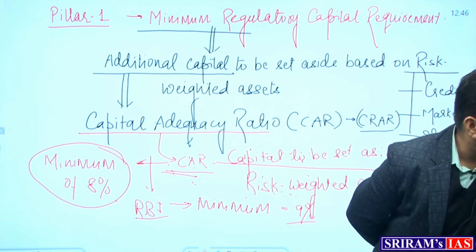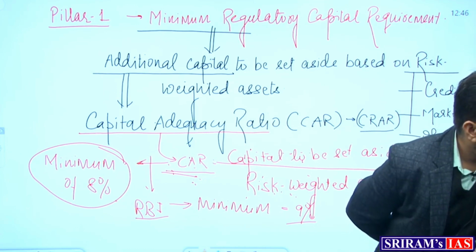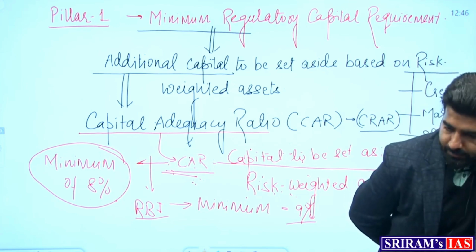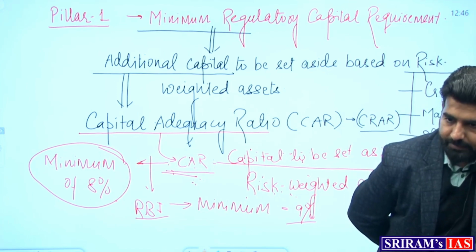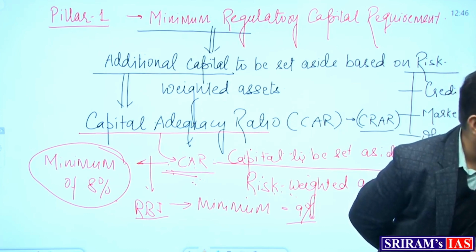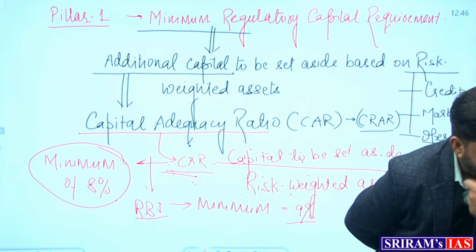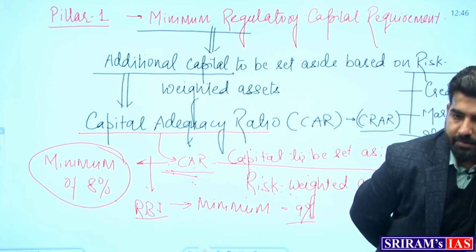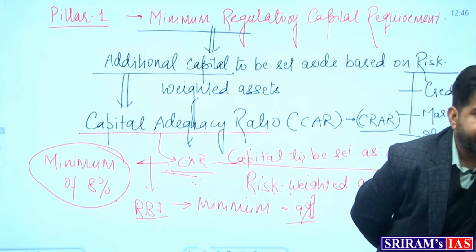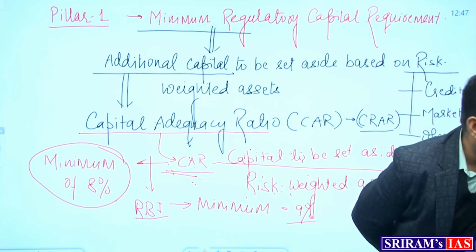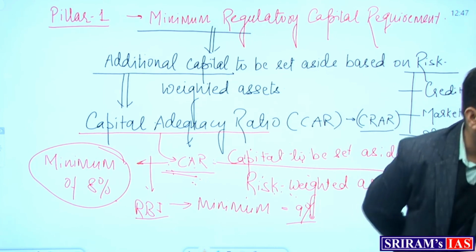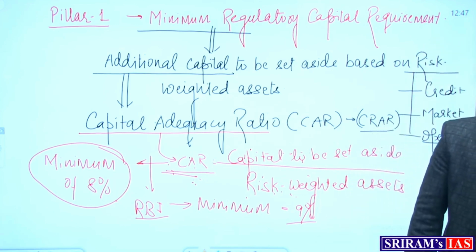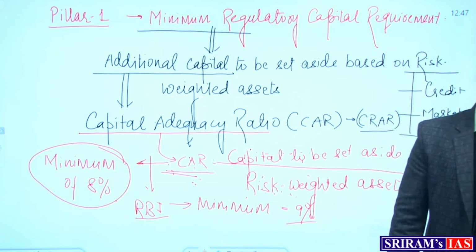Third, small finance banks and payment banks, minimum 15%. Fourth, urban cooperative banks, minimum 12%.